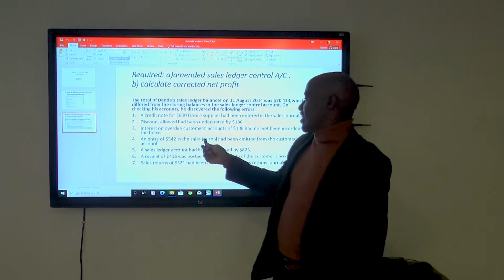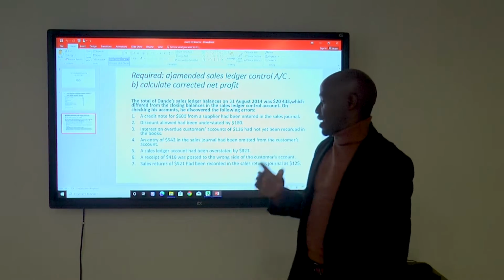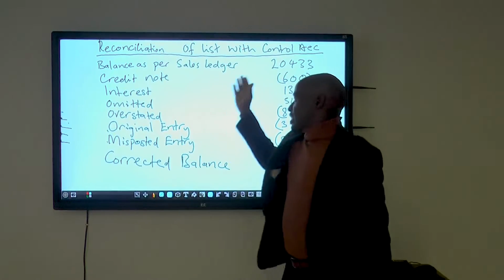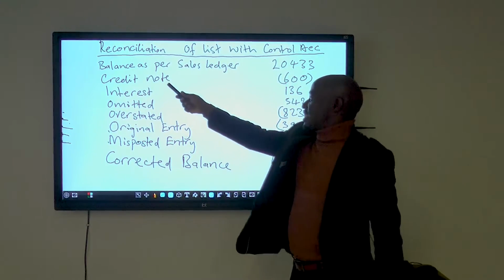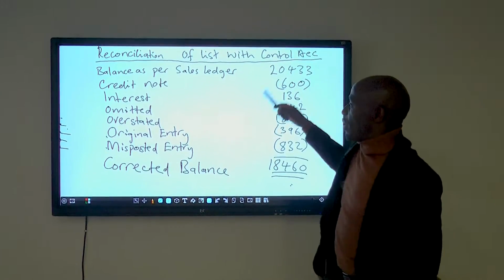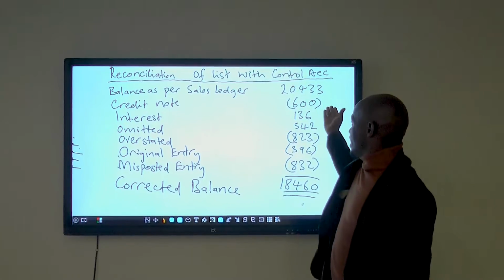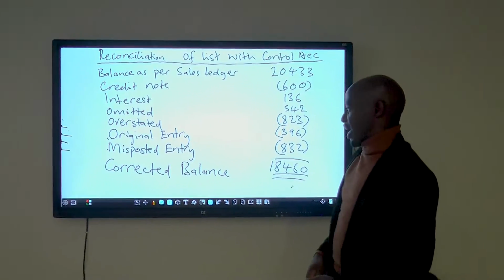Hence, this error actually overstated our debtors figure. We need to take it off. As we can see there, we are deducting the credit note of $600 from our debtors figure of 20,433.